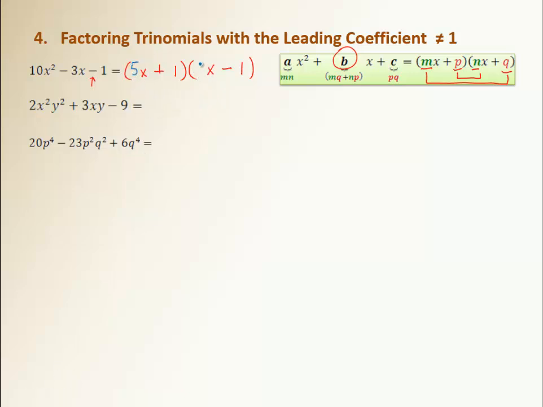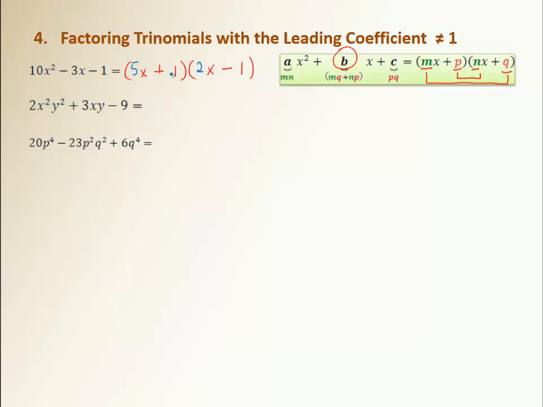So 5 here and 2 there should work. Let's check it. Inside product is 2x, outside product gives me negative 5x. When I add it up, I have negative 3x. So yes, that's good. Now I can erase my extra work here, and I have a nice and clean factored form.